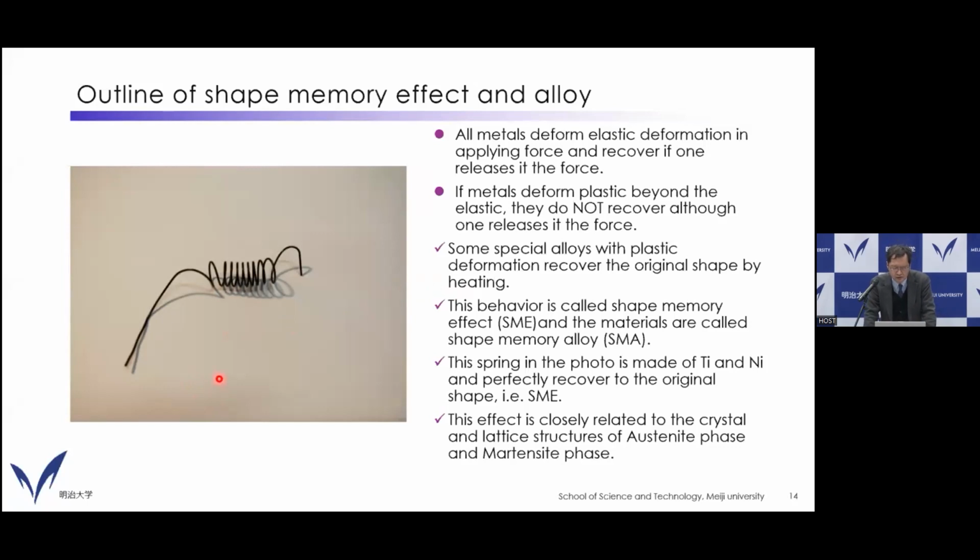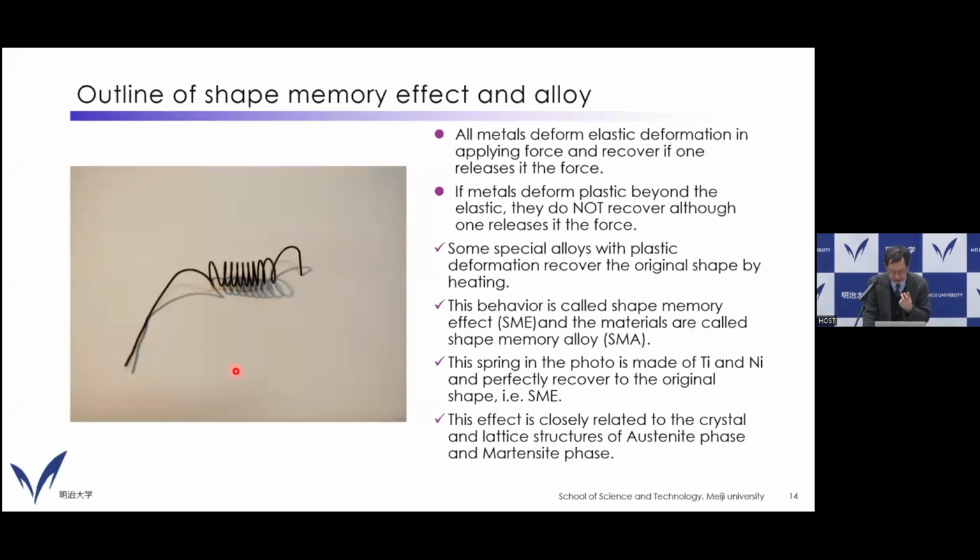This behavior is called shape memory effect, and the materials are called shape memory alloys. The spring in the photo is made of titanium and nickel. It shows a perfect recovery to the original shape, that is shape memory effect.